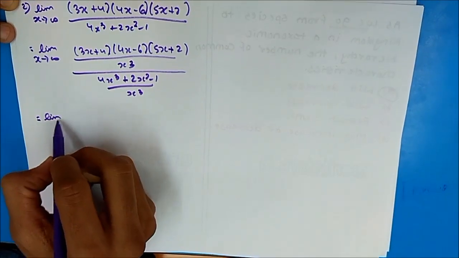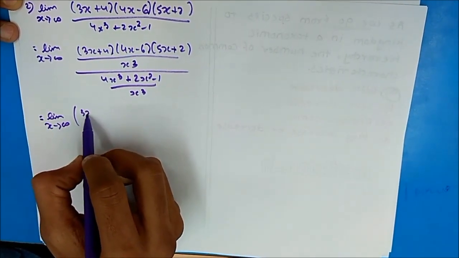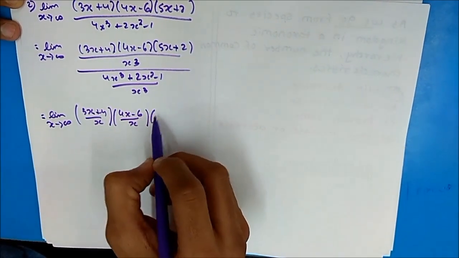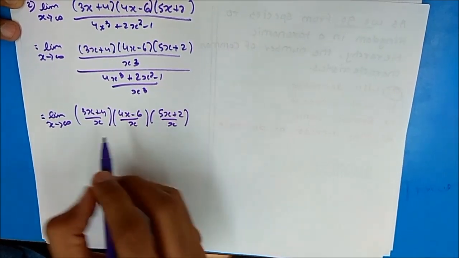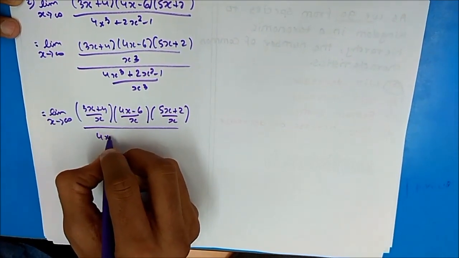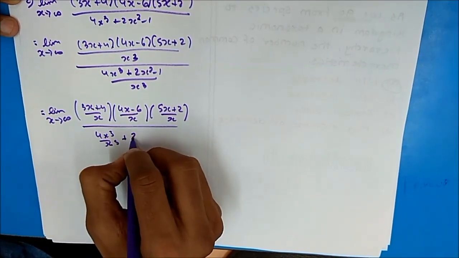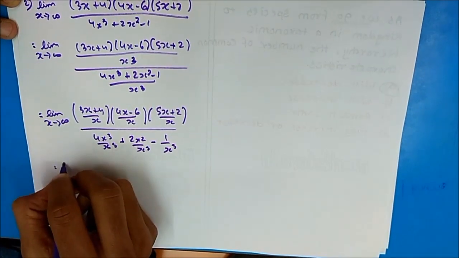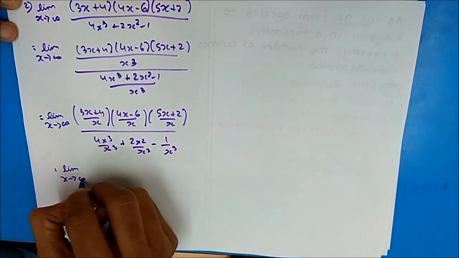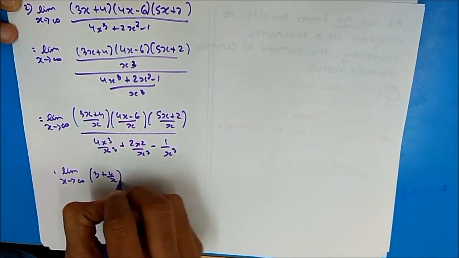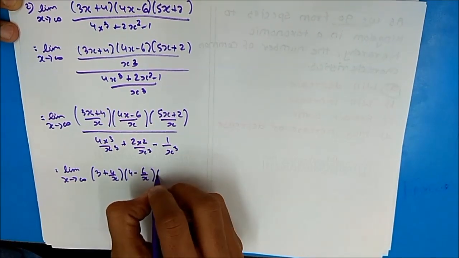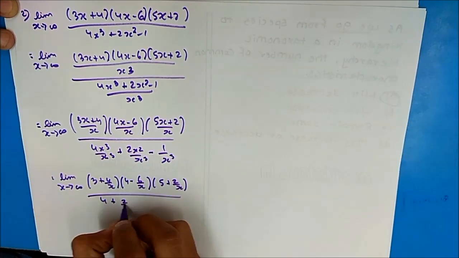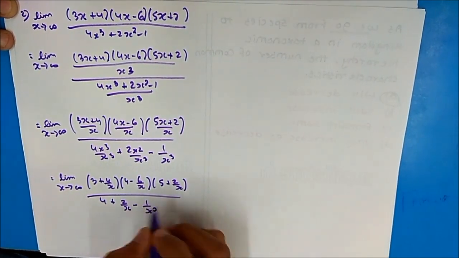That is limit x tends to infinity (3x plus 4) upon x, (4x minus 6) upon x, (5x plus 2) upon x, upon 4x cube upon x cube plus 2x square upon x cube minus 1 upon x cube. Limit x tends to infinity (3 plus 4 by x)(4 minus 6 by x)(5 plus 2 by x) upon (4 plus 2 by x minus 1 upon x cube).